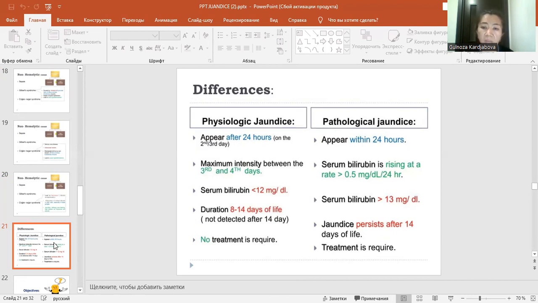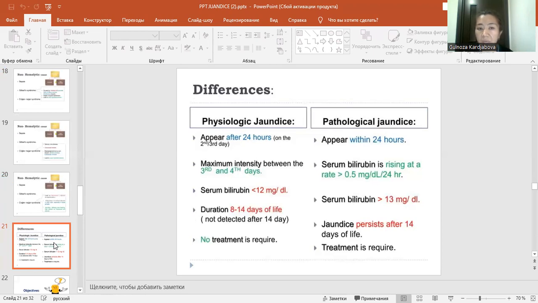Pathologic: serum bilirubin rising at a rate of more than 0.5 mg per deciliter per 24 hours. Serum bilirubin is less than 12 mg per deciliter in physiologic, and in pathologic jaundice, more than 13 mg per deciliter.